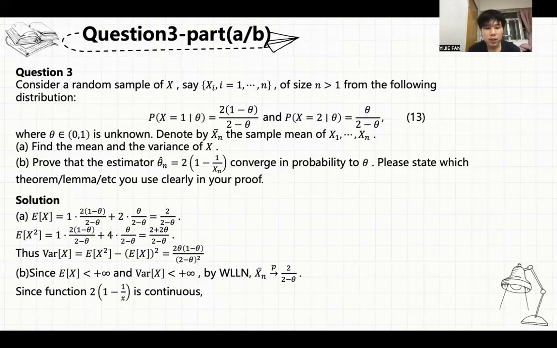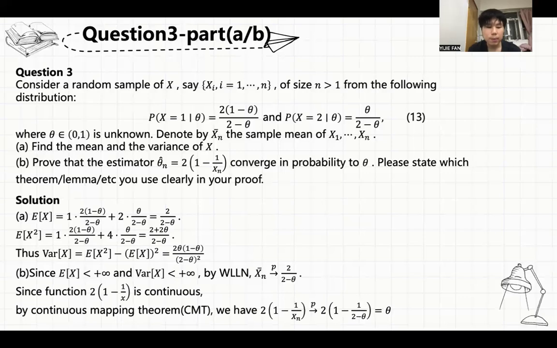And we notice that 2 times 1 minus 1 over x, this function, is continuous. By the continuous mapping theorem, we have this function converges in probability to theta.